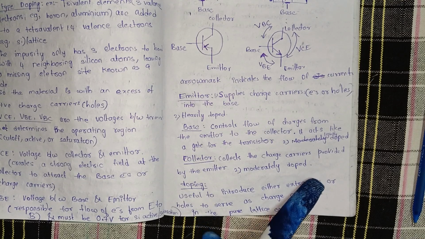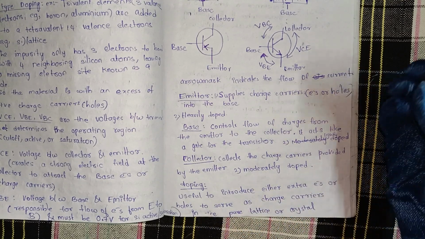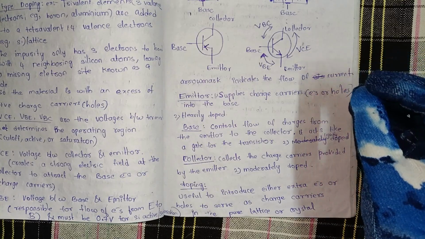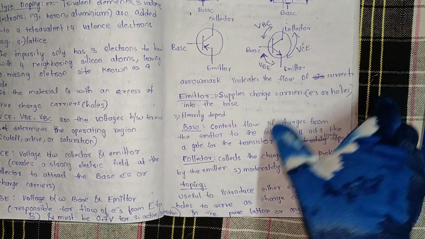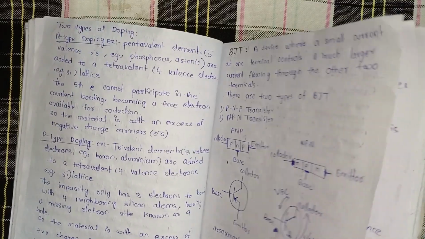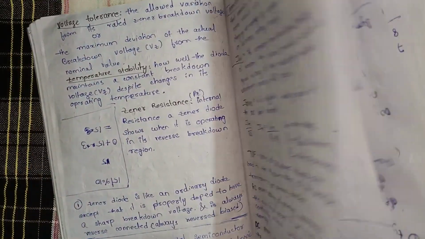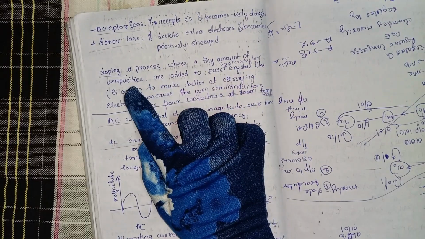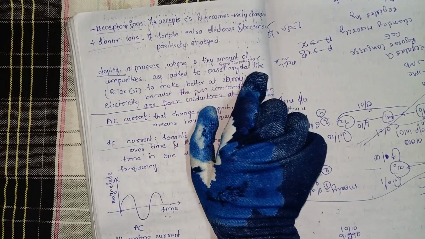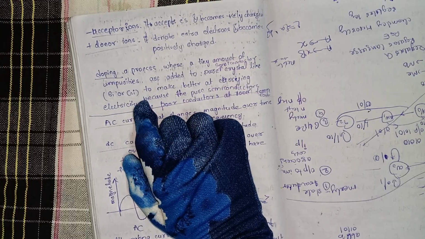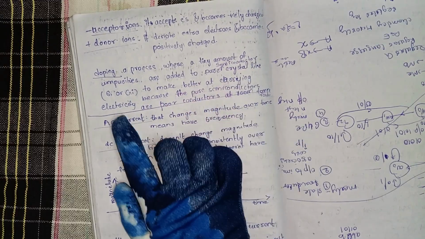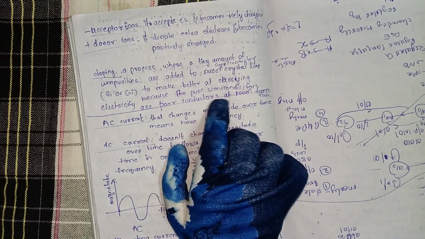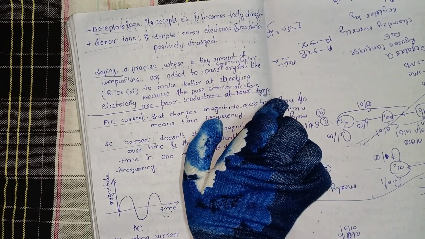So why it is heavily doped, moderately doped and lightly doped? To understand this, we have to understand what is doping. Doping means a process where a tiny amount of impurities are added to a pure semiconductor crystal like silicon or germanium to make it better at carrying electricity, because pure semiconductors are poor conductors at room temperature.